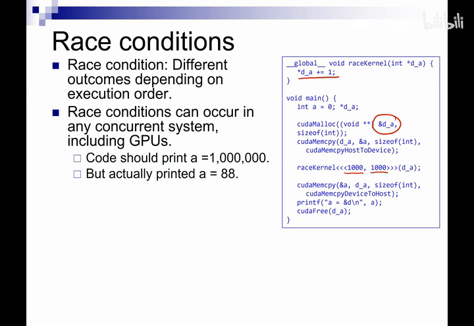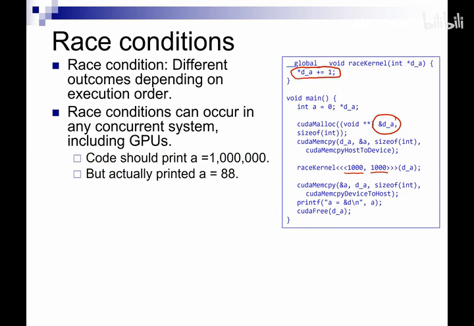Okay. But what can happen if you run this in practice is that you can get a very different value. For example, you might end up with a value of 88. And the reason you could end up with 88 is because of this increment operation, right? Even though it looks like all you're doing is taking a value and adding 1 to it, when you actually execute this instruction, it consists of multiple smaller instructions.